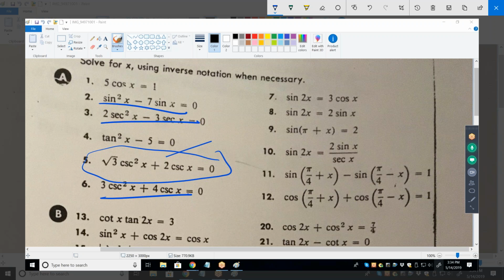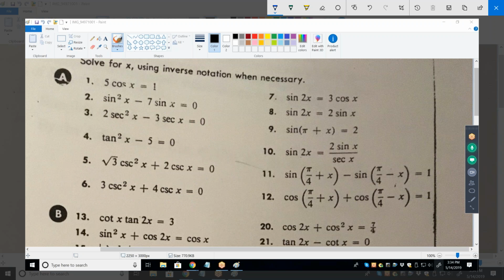Tangent of pi over 2 is undefined, and the tangent of minus pi over 2 is undefined. In fact, the tangent of k pi over 2 is undefined. A vertical asymptote every pi. It's k times pi over 2, or 180k, I think.